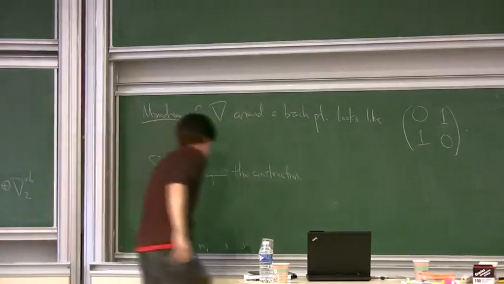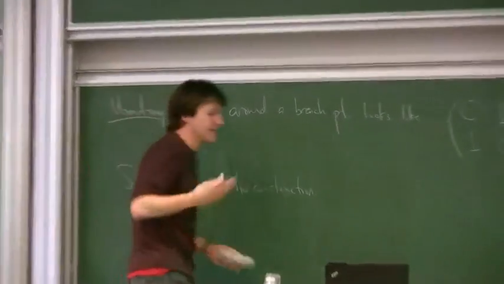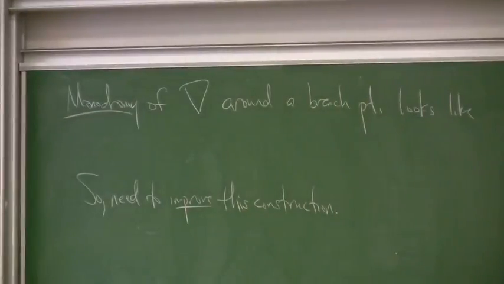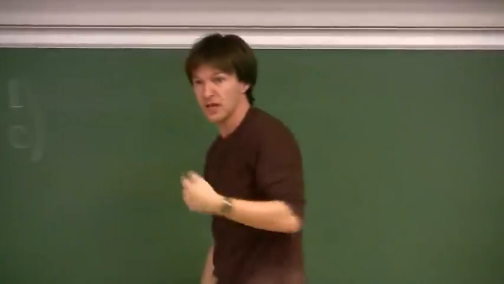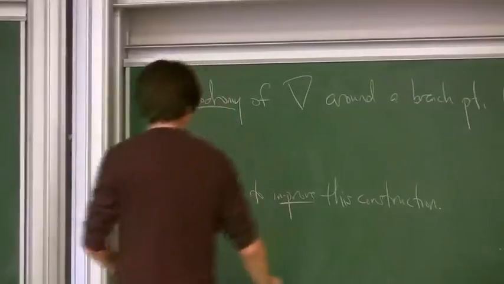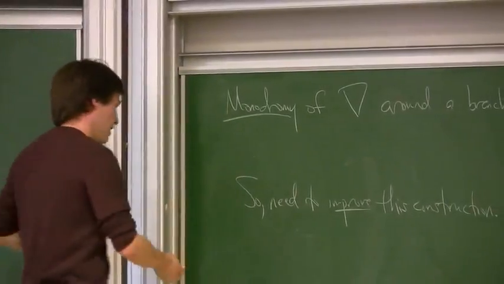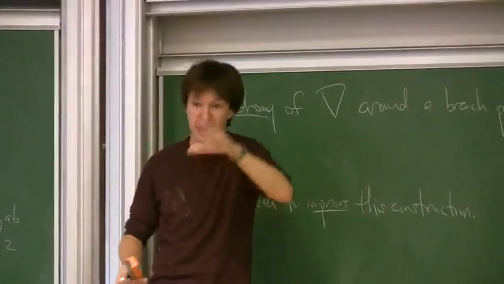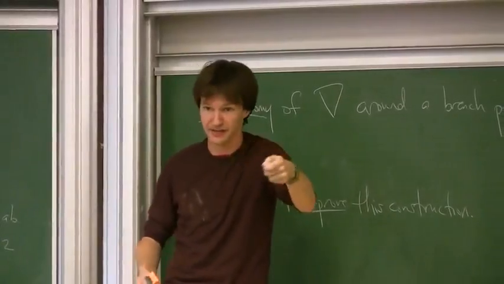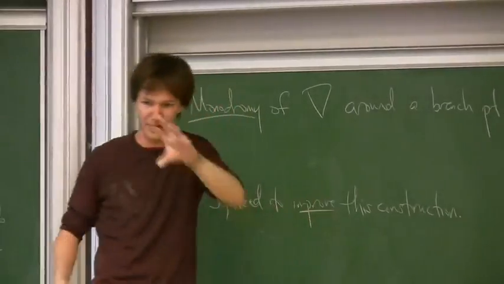Okay, let's try again. So what do I need to do in order to define a connection? What I have to do is I have to define the parallel transport operator between any 2 points, right? So if I have that with homotopy invariance and compatible with composition, it's the same as having a connection. Well, those are exactly the properties that my path lifting thing had.